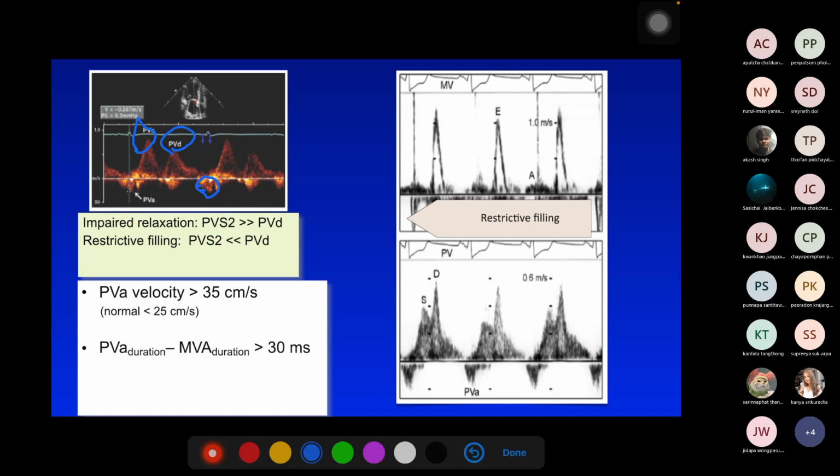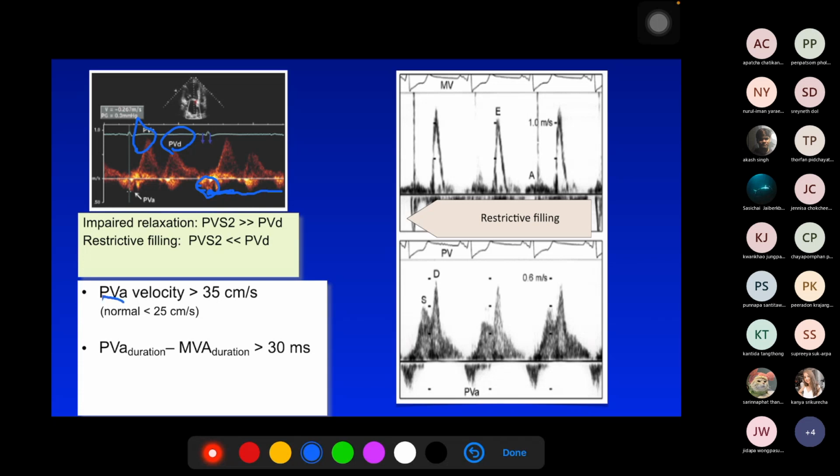And also, normally we measure the PVA velocity here. You press here, you measure here. Normally, the PVA velocity should be less than 25 centimeters per second.